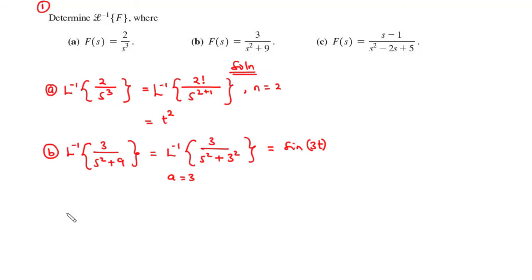Sin 3t. Now to the last one, we have the inverse Laplace transform of the function s minus 1 over s squared minus 2s plus 5. Notice that we have an s minus 1 at the numerator.